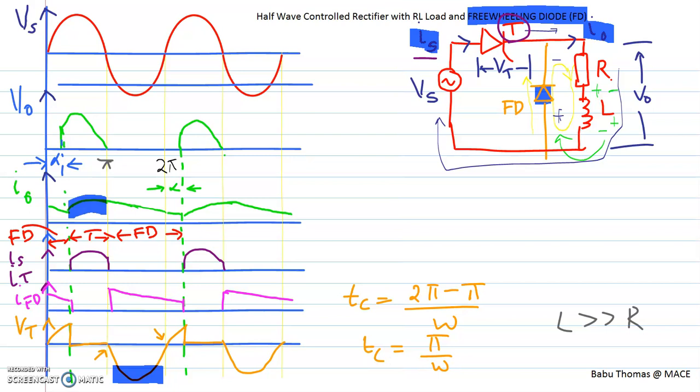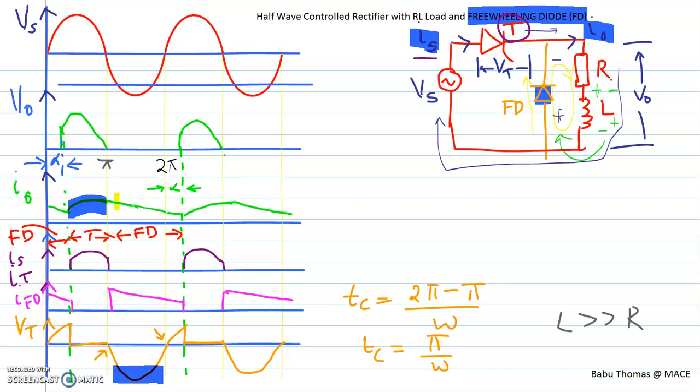Whatever discussions we had with respect to these things, we can also compare with the half-wave controlled rectifier with a simple RL load, and see what changes come into effect when a freewheeling diode is added to the circuit.